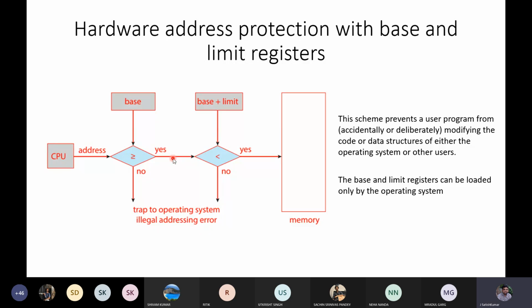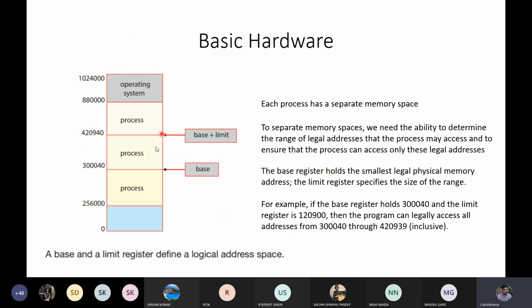Okay, when an address is generated by the CPU, if it has to store, access, or do some manipulations for a particular process, the address should be greater than or equal to base and less than or equal to base plus limit. Suppose there are so many memory locations here.